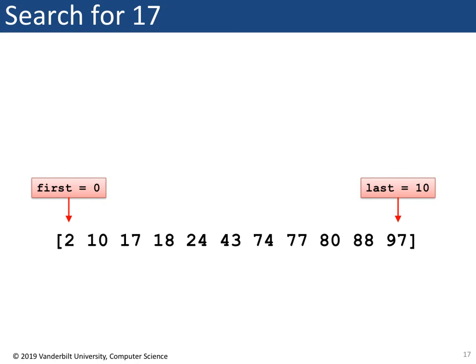So in this case, that would be 0 plus 10 divided by 2 is 5. So we check the middle of the possible range. We're always checking the center of the remaining possible range.